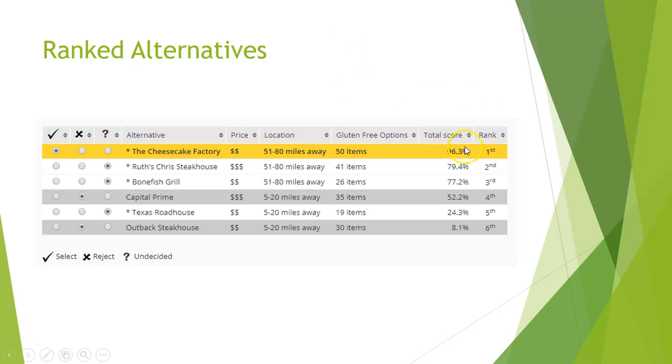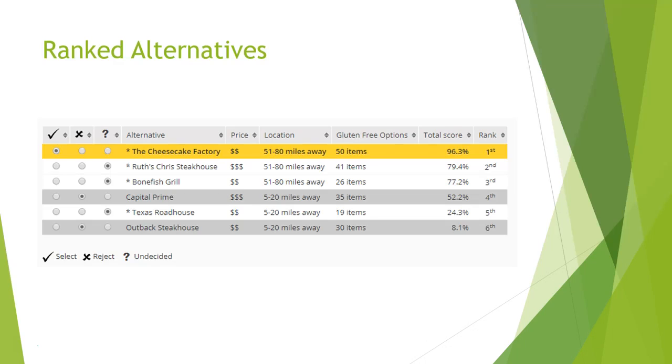Cheesecake Factory is a 96.3% match for me, which makes sense because of their high amount of gluten-free options, because of their price point, and also because of their staff's ability to understand gluten-free.